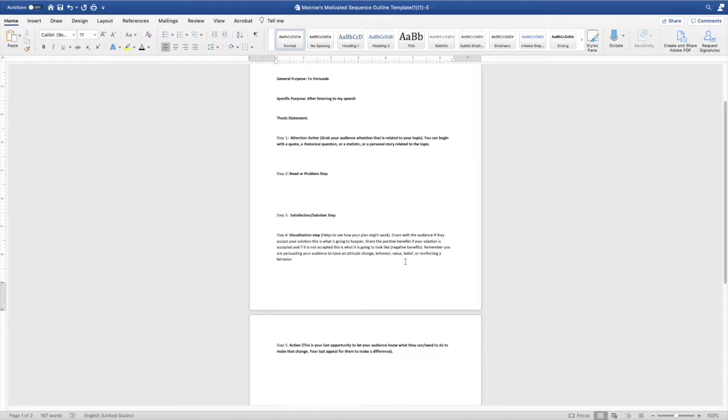Share the positive benefits, or negative benefits if they do not adopt your solution. So make sure that it is detailed. Remember, you're persuading your audience to have an attitude change, behavior, value, belief, or reinforcing a behavior.